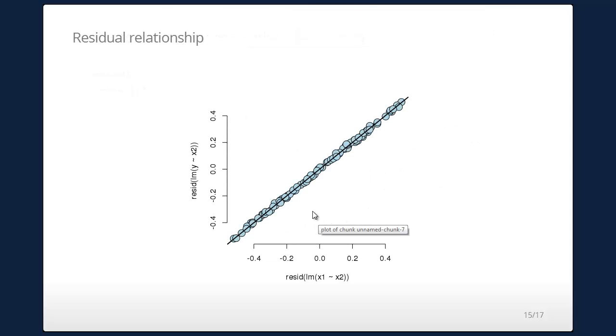But what happens if, instead of plotting y versus x1, we plot the residual of y having taken out the effect of x2, and the residual of x1 having taken out the effect of x2? There's almost no variation left, right? So y and x are almost perfectly explained.